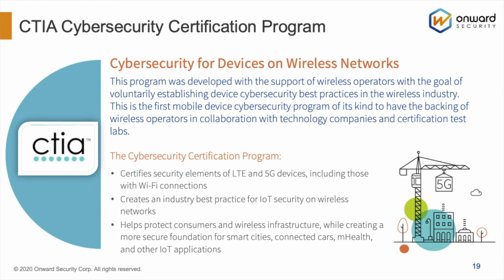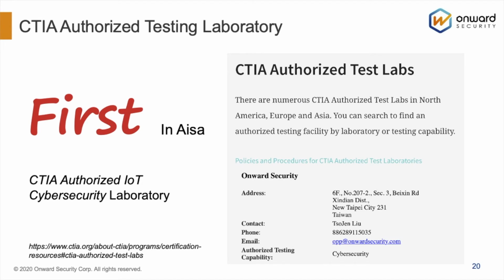Okay. And there is also another program called CTIA. They also have their own IoT cybersecurity program. So you can use their test plan to ask the testing laboratory to perform the testing, then you can get a certificate. And Onward Security is also the first one in Asia.